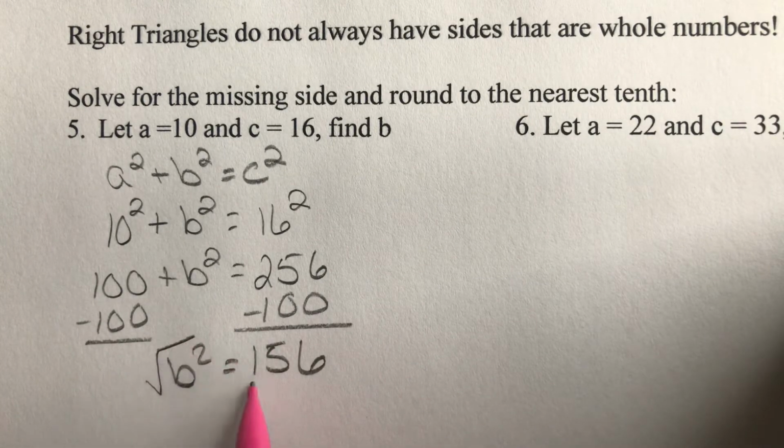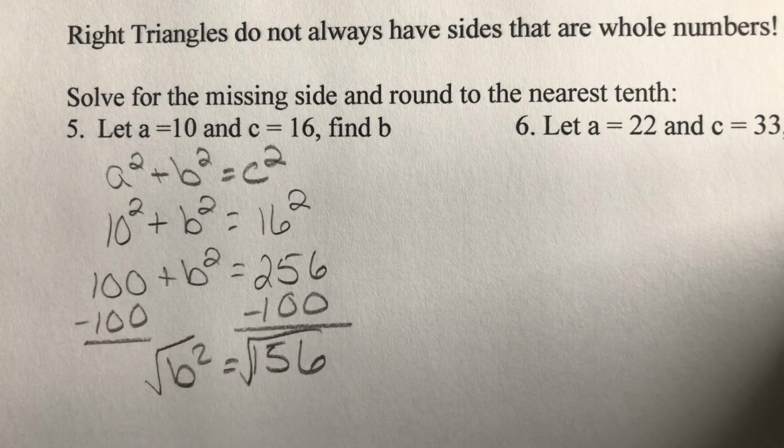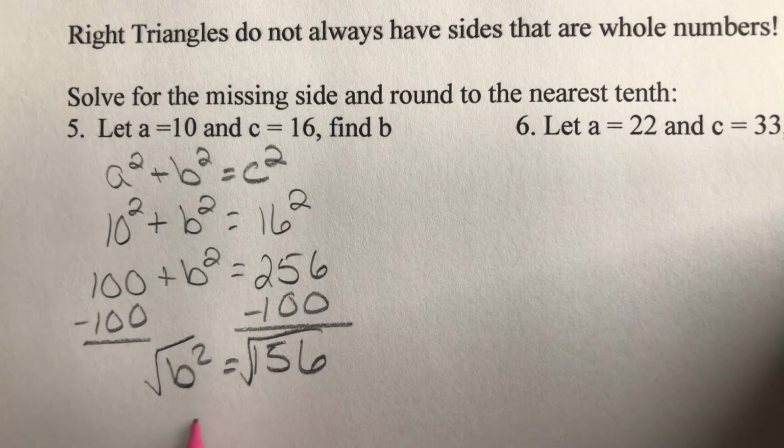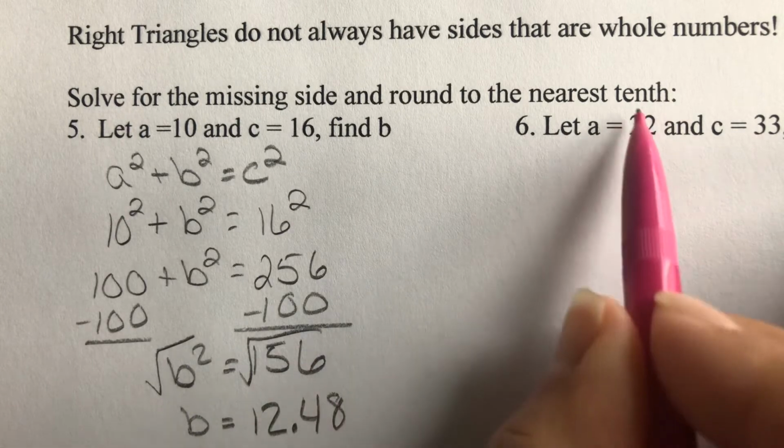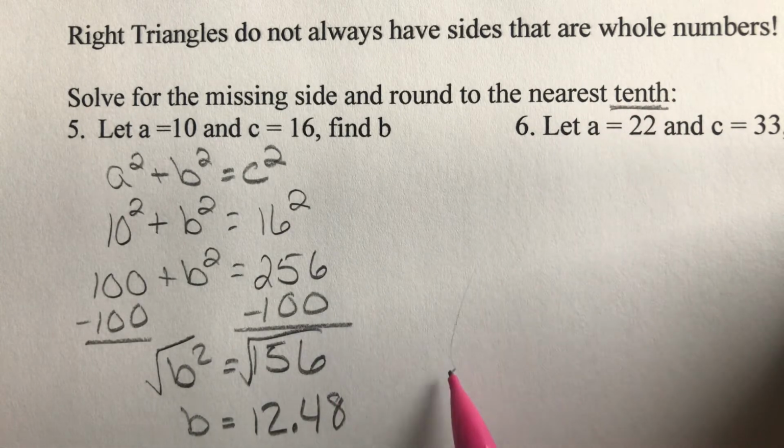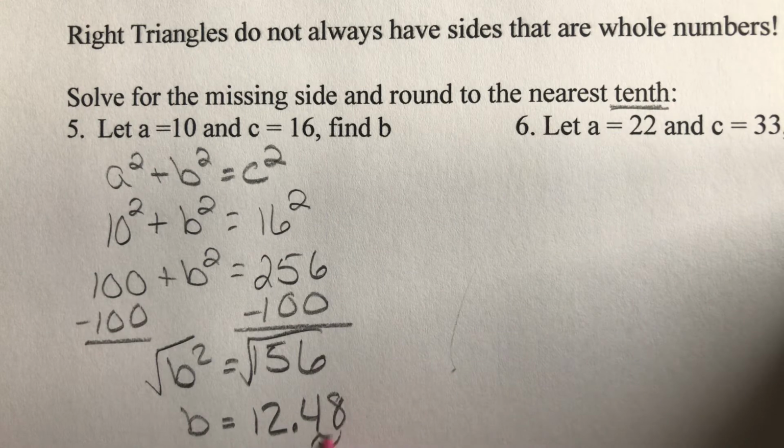Our last step is to find the square root. Square root of 156, I just punched that in wrong. Square root of 156 is about 12.48. I stopped it here because directions tell me to go to the nearest tenth. 8 tells me to bump that up to a 5, so 12.5.